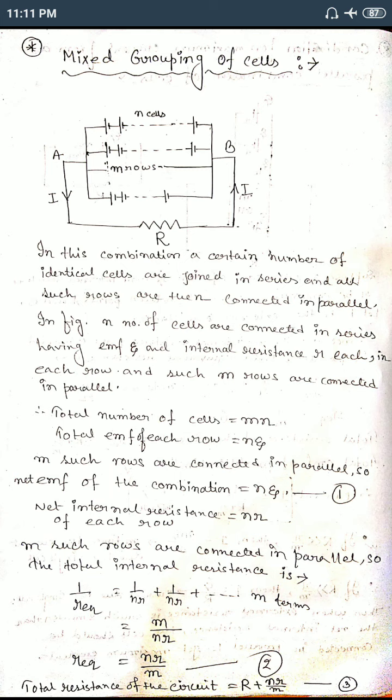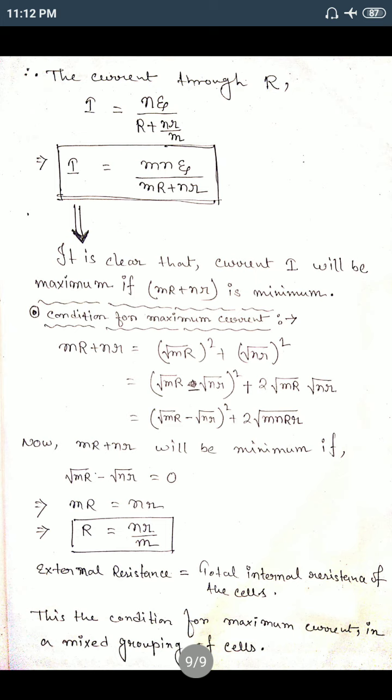Now there is another resistance present, that is the external resistance, capital R. So the total resistance of the circuit is the sum of the external resistance plus total internal resistance, that is R plus nr by m. From here we can find the current I equals nE by R plus nr by m, that is total EMF by total resistance, and finally we get I equals m into n into E by mR plus nr.